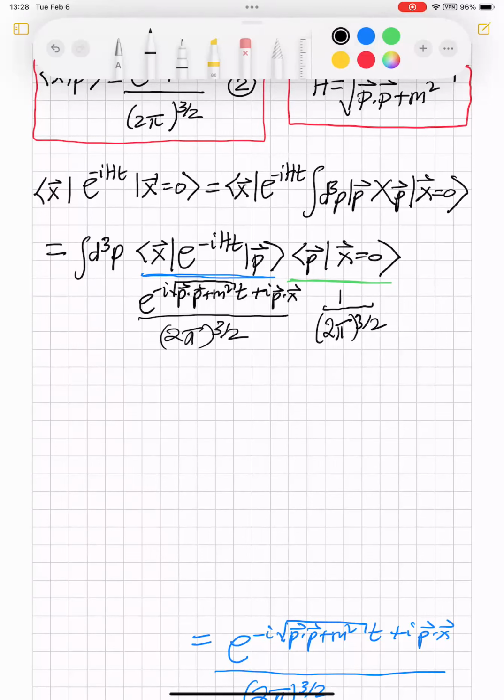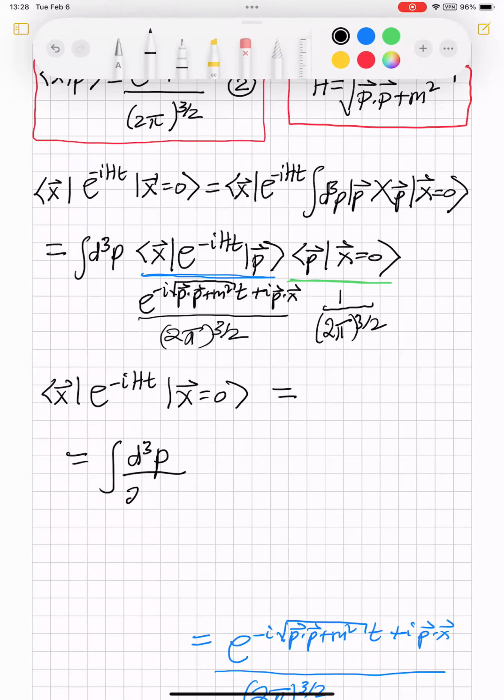Okay. Here's the final result. Bra x, e to the minus I h t, ket x equal to 0 is equal to, well, we'll have an integral d3p. We need to do that integral. We've got a 1 over 2 pi cubed times a 1 over 2 pi to the 3 over 2 times a 1 over 2 pi to the 3 over 2.